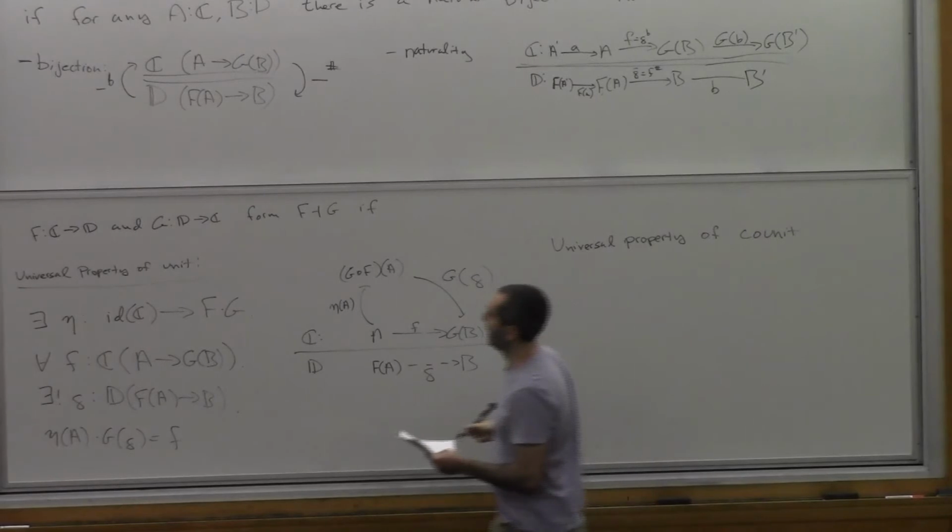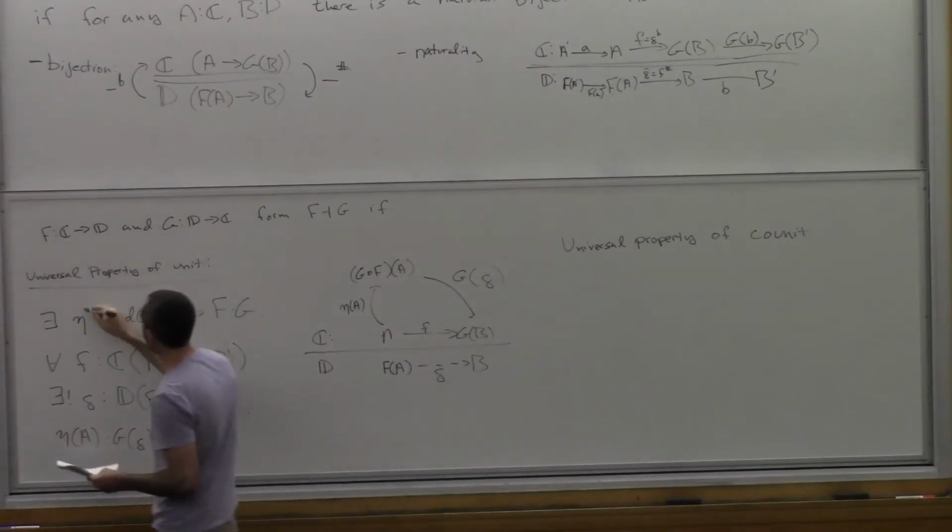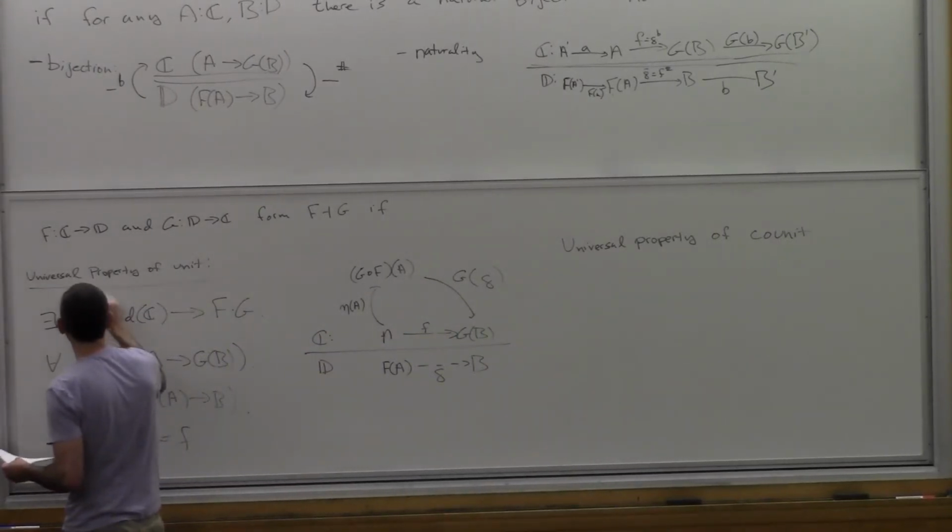So by the way, in this case, this natural transformation eta is called the unit of the adjunction.